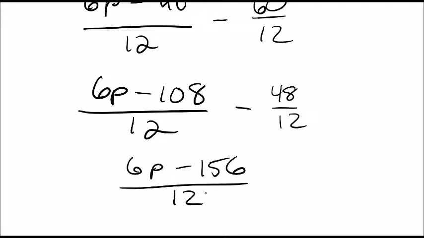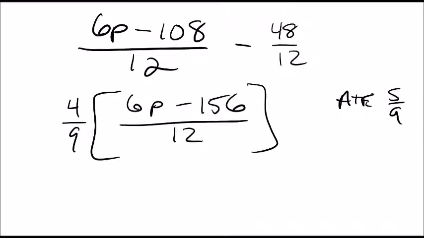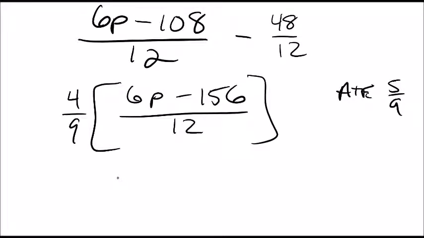And then it says the next day each member of the family ate 1/9 of the remaining. So if they each ate 1/9, and there's 5 members, they ate then 5/9, which means remaining over here is 4/9 of the total. Alright, so we have to distribute that through, and we'll get 24P.